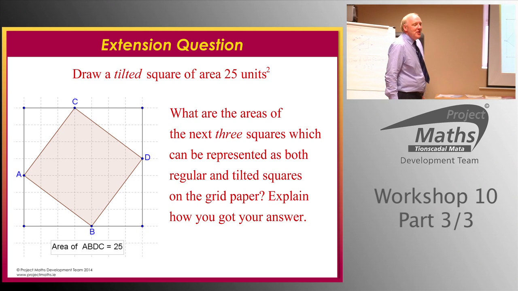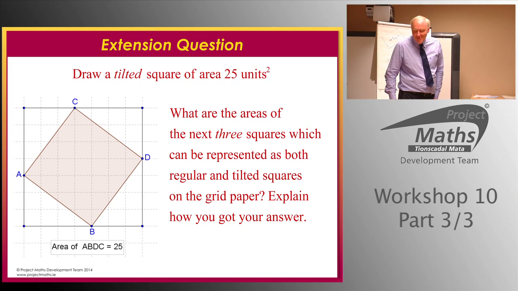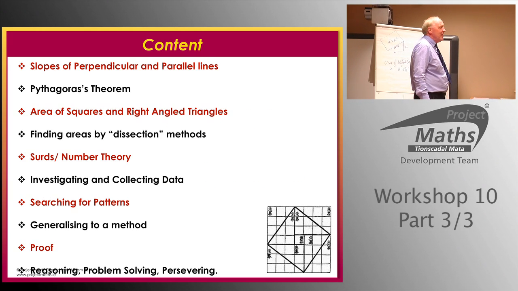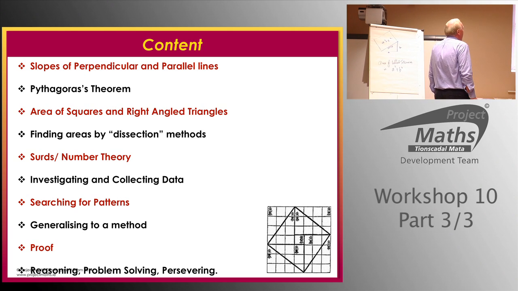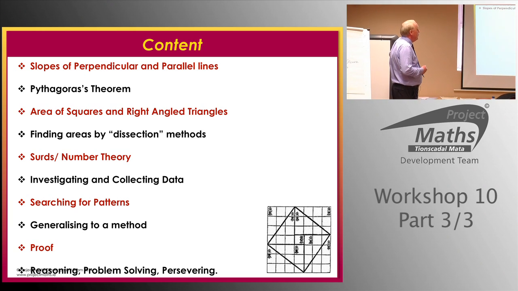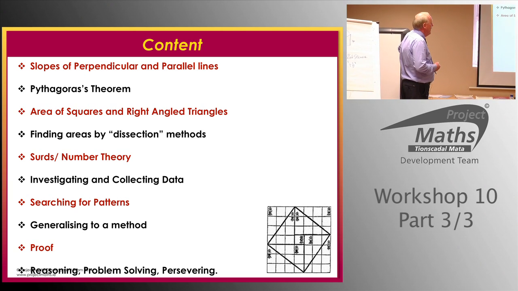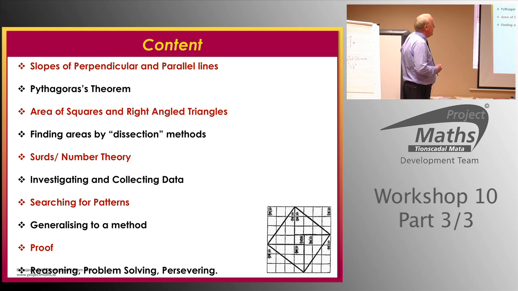So we'd be looking at that. So we got 100 and 169, so we're probably okay with that. Now, just looking at the content here, lads, we could have done slopes of perpendicular and parallel lines. We didn't really focus on that, but we could have used that in showing this. We used Pythagoras quite a bit, actually. Area of a square and right angle triangles.